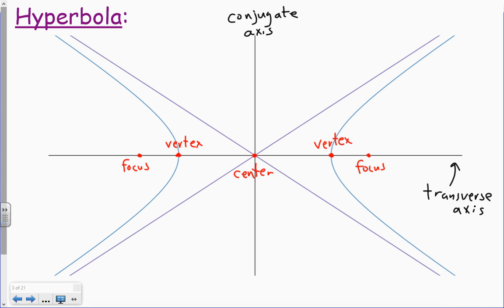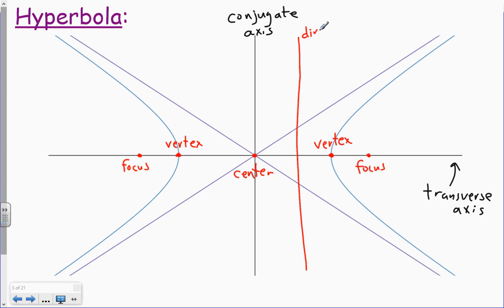And then finally, you do have directrix with a hyperbola. It is perpendicular to your transverse axis again. Just like we saw with the ellipse, it's perpendicular to the major axis. The directrix, though, actually is between the center and the vertex. So you actually have a directrix that maybe is about right here, we'll say.